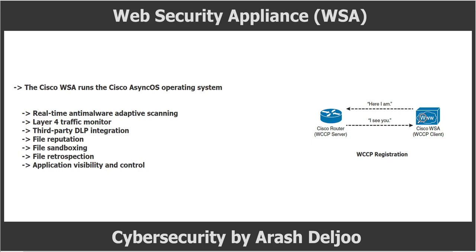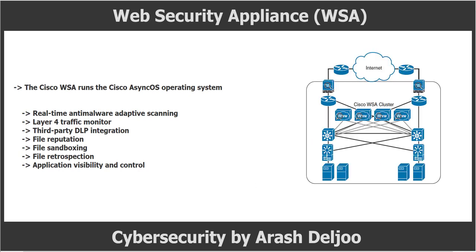The WCCP server waits 30 seconds before it declares the client as inactive, engine failed. WCCP can be used in large-scale environments, and this figure shows a cluster of Cisco WSAs where internal layer 3 switches redirect web traffic to the cluster.